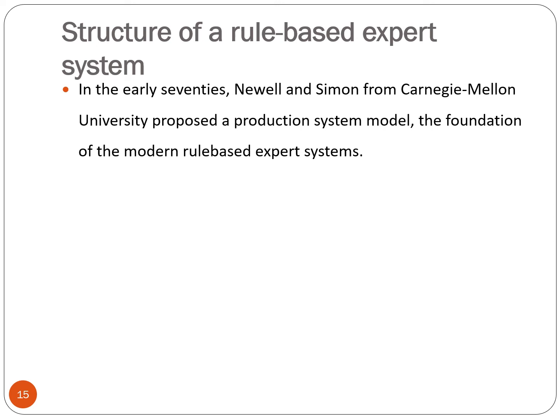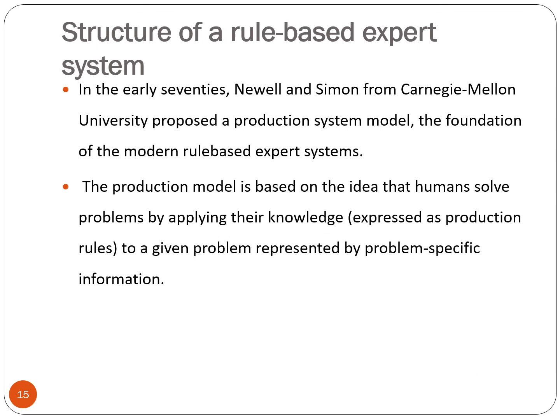This is the early development of the expert system. The production model is based on the idea that humans solve problems by applying their knowledge, expressed as production rules, to a given problem represented by problem-specific information.